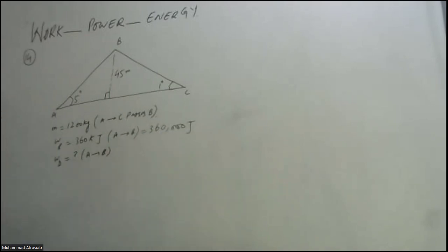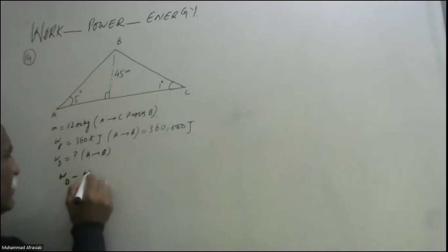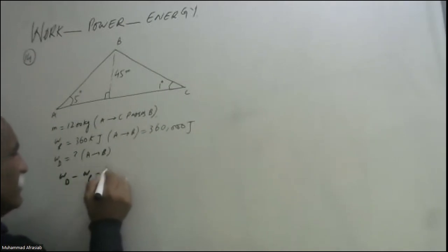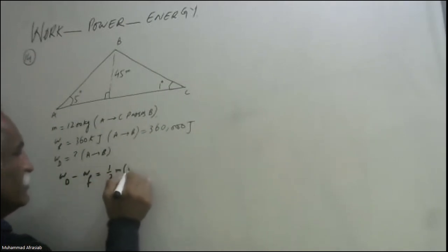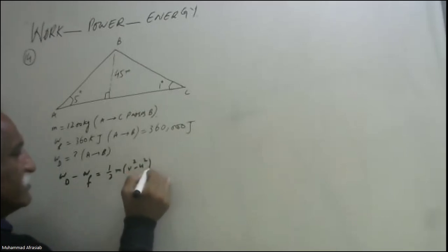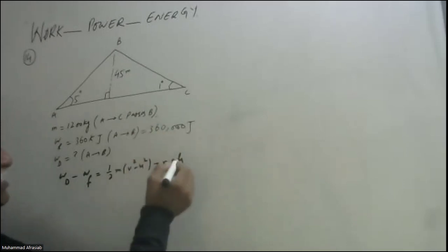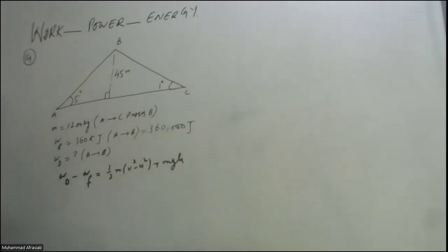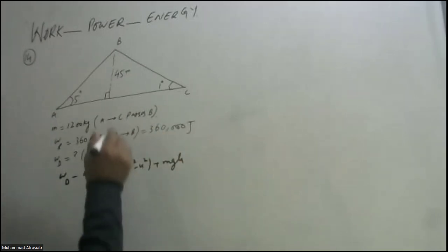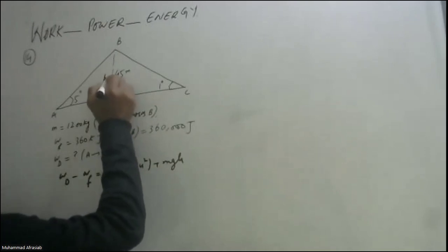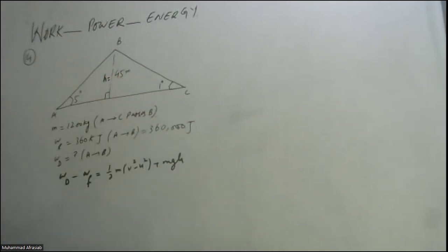We know the famous equation: work done by the driving force minus work done by the frictional force is equal to the change in kinetic energy plus the change in potential energy, because it is moving upward. Let this height be 45 meters.